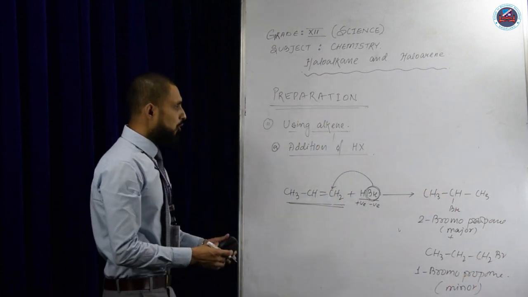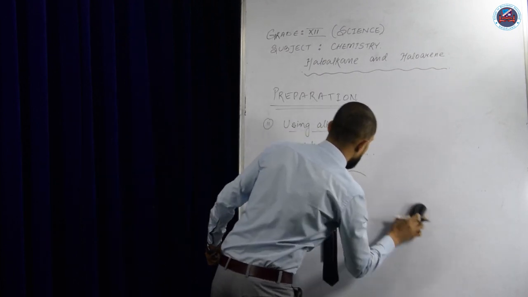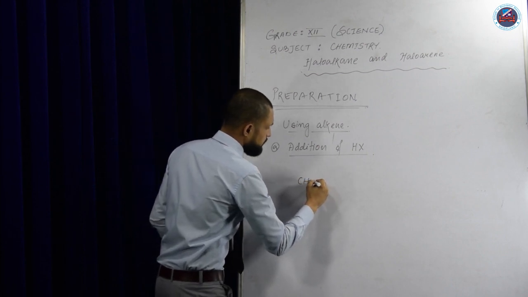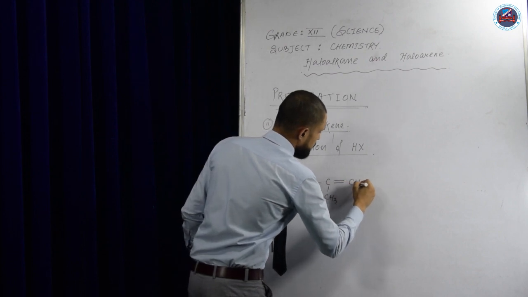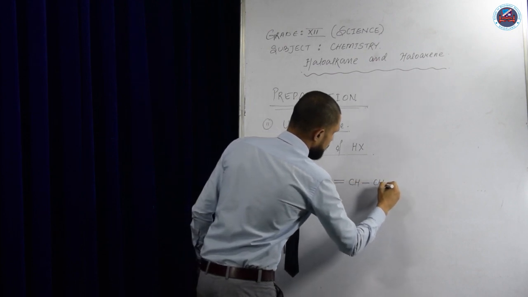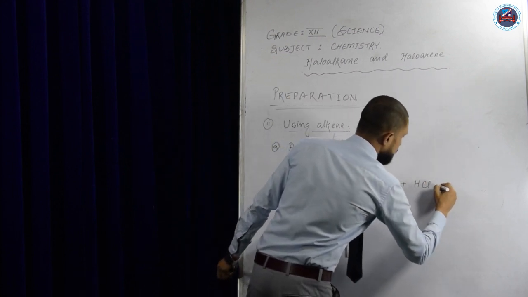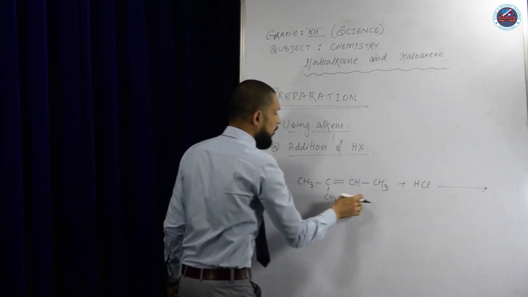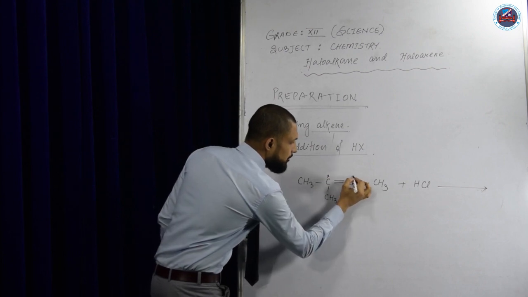Let us take one more example. So here also you can see there is no peroxide, so we'll follow Markovnikov rule. Now these two carbons have a double bond between them.